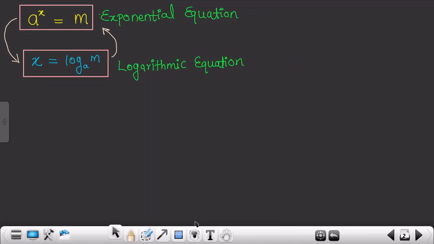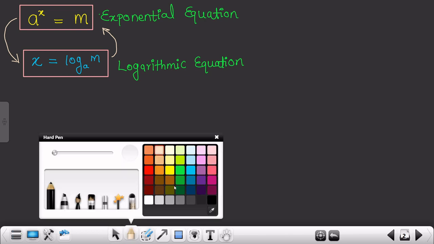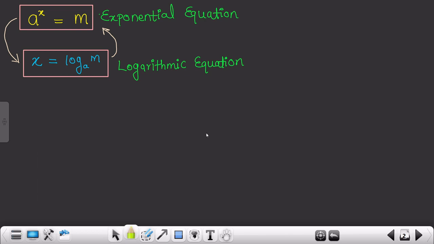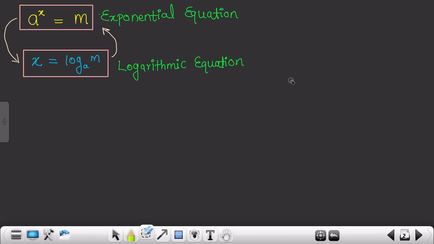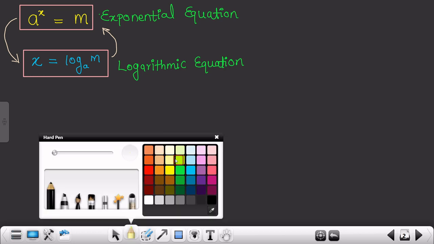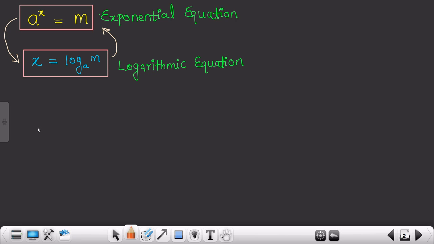Let's take one example. I am not considering the earlier example, 2 raised to 3 is equal to 8, because you already know the exact log value for it and would give the answer very easily. I'm taking a different set of equations.